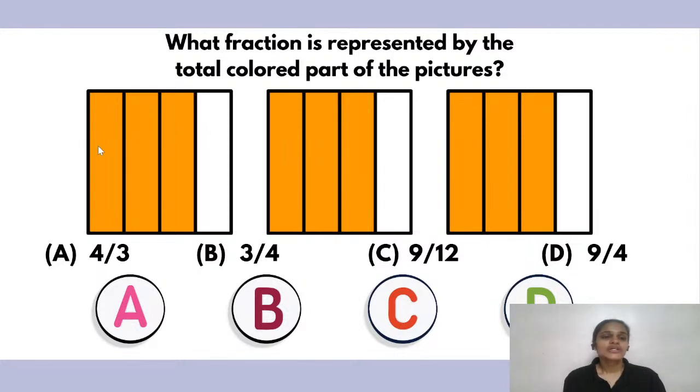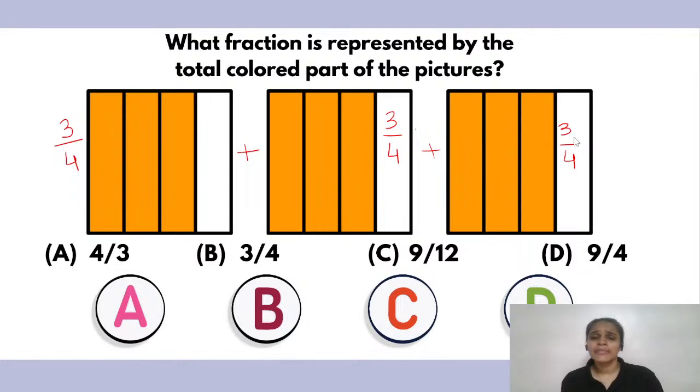So let's find out. The first picture represents the fraction 3 out of 4. Then we add, once again, this fraction is 3 out of 4. And in the same way, here also we have 3 out of 4.